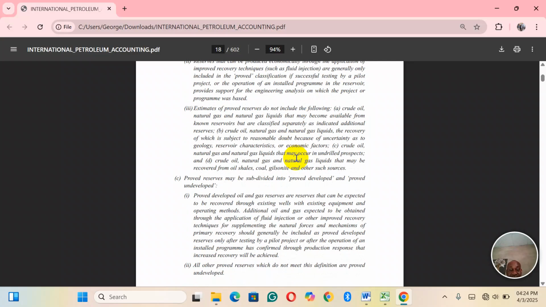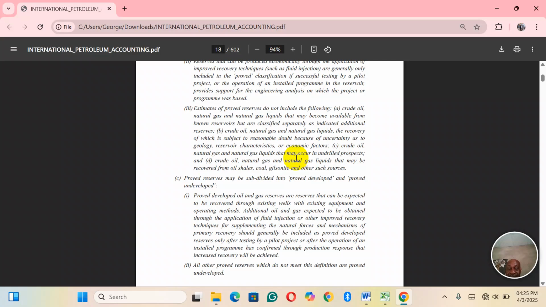And then C, we're looking at the reserves that may be subdivided into proved developed and proved undeveloped. So number one, we say that proved developed oil and gas reserves are reserves that can be expected to be recovered through existing wells with existing equipment and operating methods.